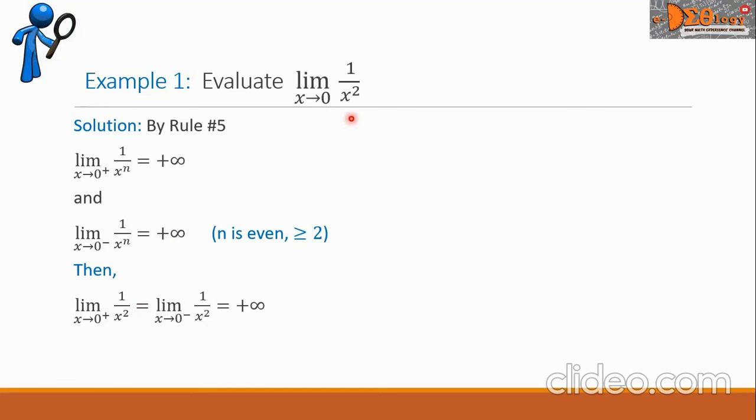Since our problem here is a two-sided limit, we can now write the limit of 1 over x squared as x approaches 0 equals positive infinity. Let us note this answer in here.